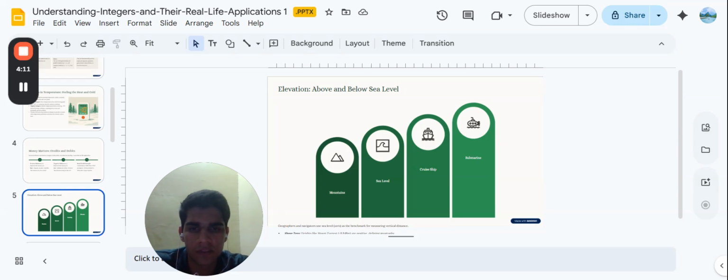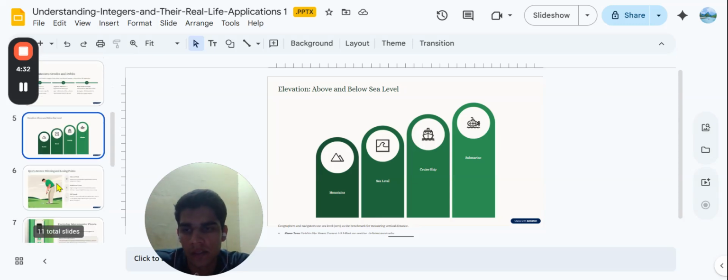So below the mountain is sea level, and the cruise ship. Cruise ships are at sea level, so they are represented at a certain height, and submarines are at even more depth than the sea level and cruise ships.